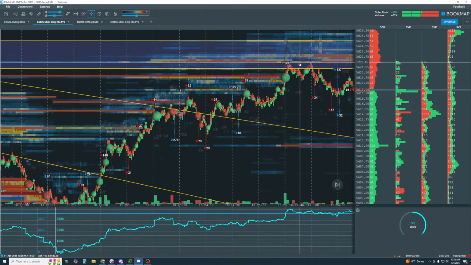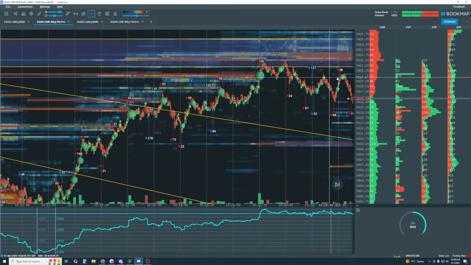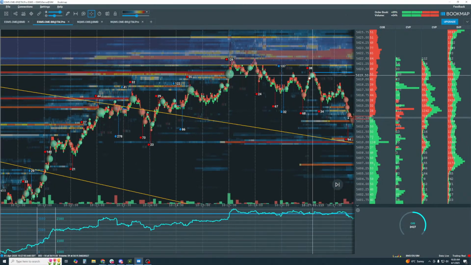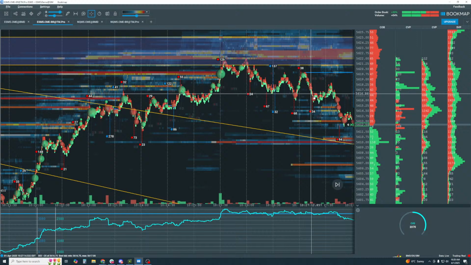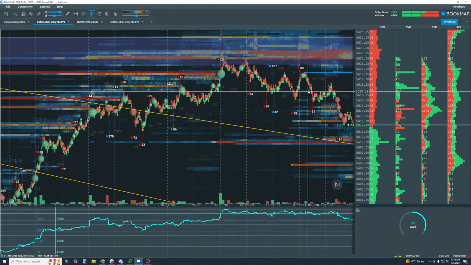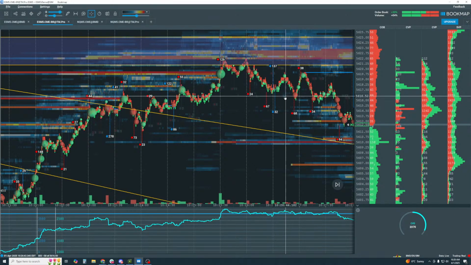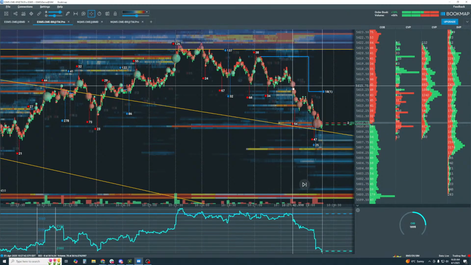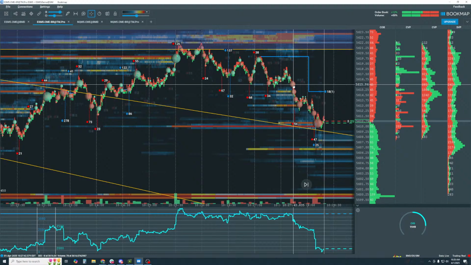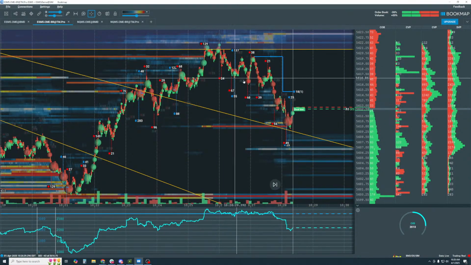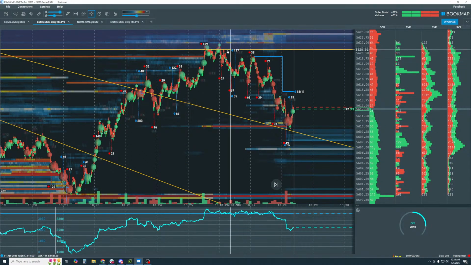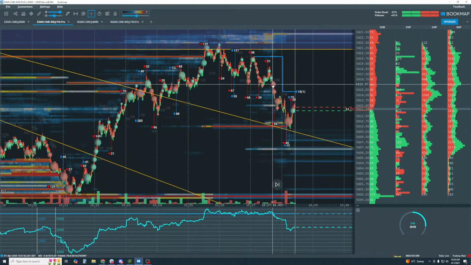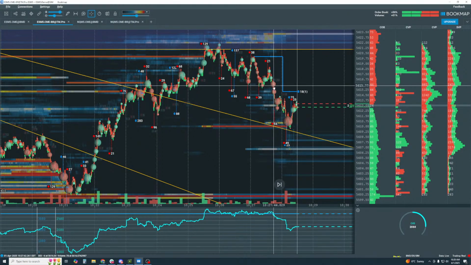It did hit a more important level. Okay, and then this is where it started to maybe shift and change a little bit with the transactions in here. A little bit more selling, a little bit more buying, back and forth. And now sellers are taking it down. Okay, so this is kind of an odd one to take a look at here. But we do see the sellers now taking command below that area.